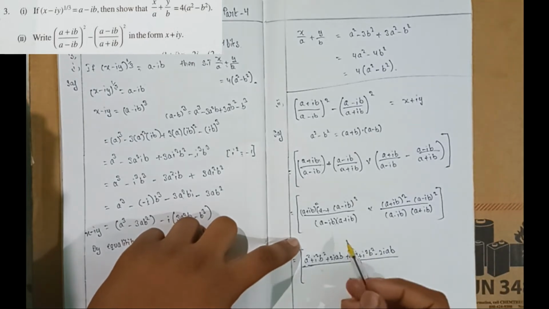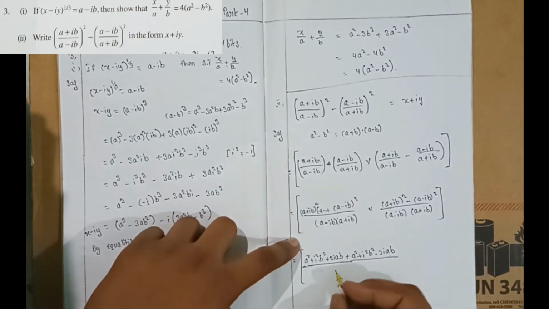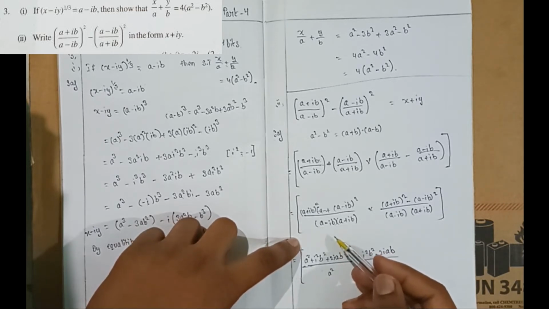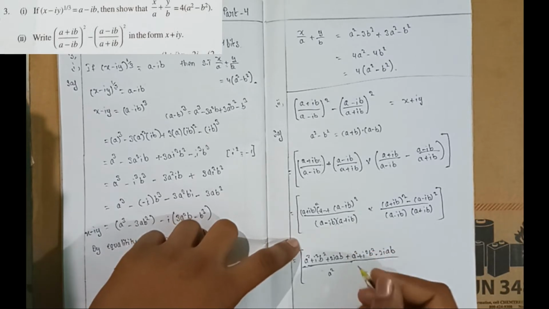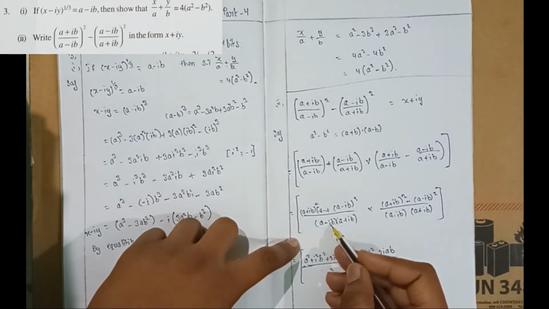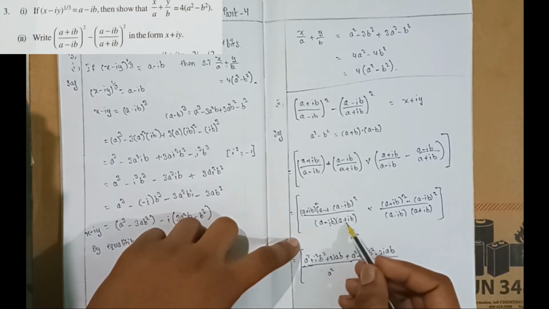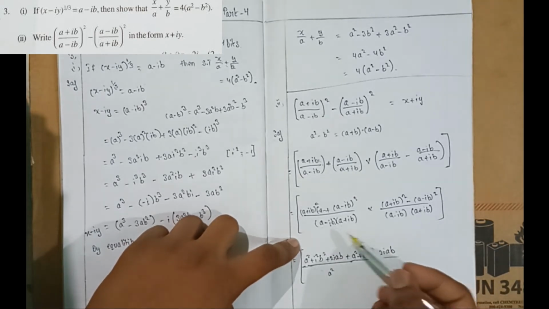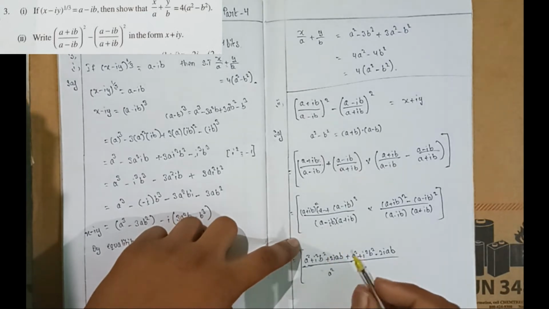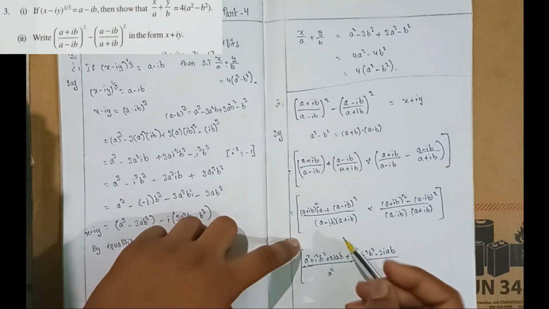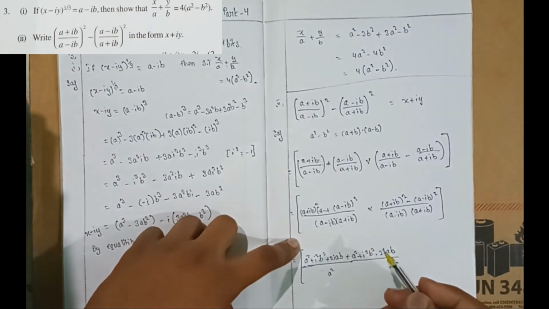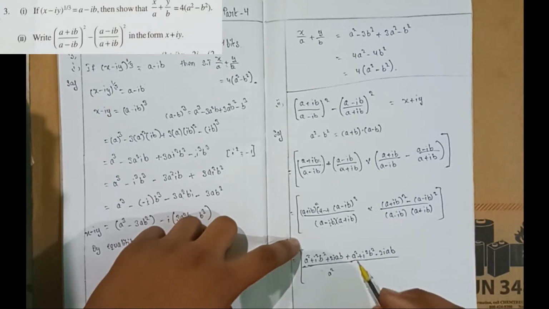by... a into a square, it is in the form of (a plus b) into (a minus b). So minus i square, ib into ib equal to ib whole square. i square equal to minus 1, so ib whole square equals minus 1 into b square.